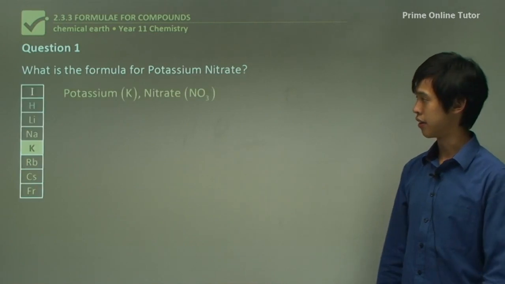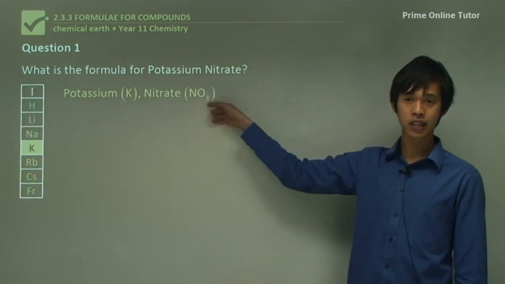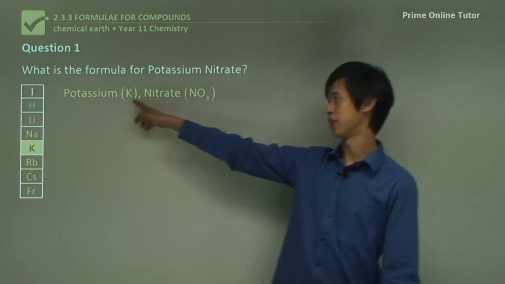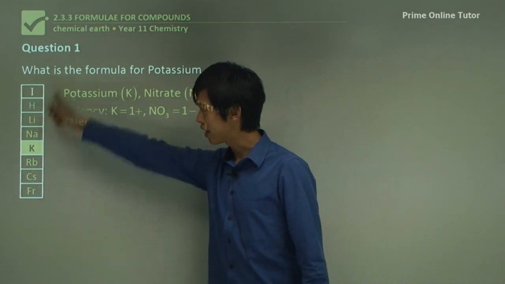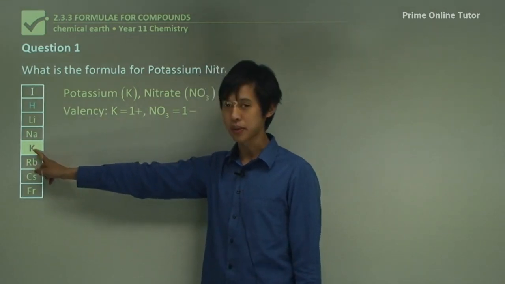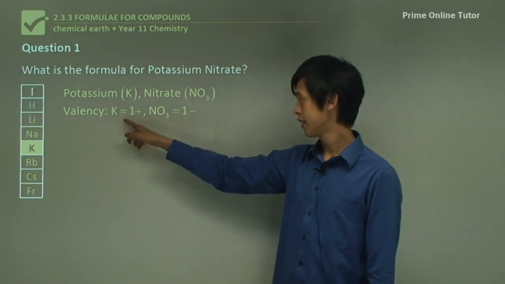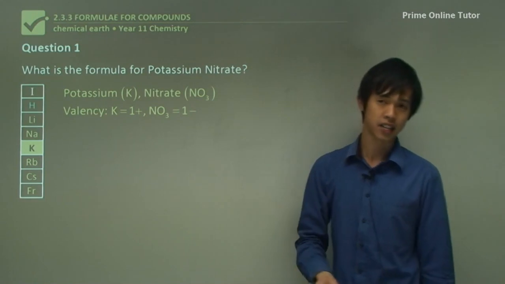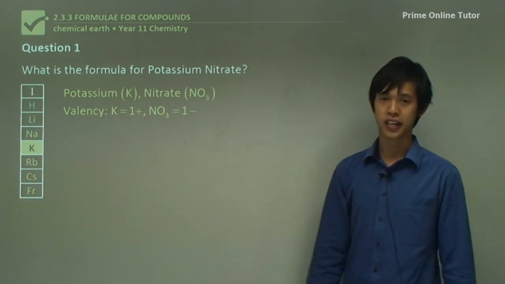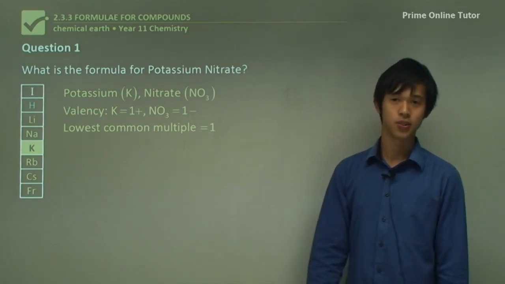Potassium is K, nitrate is NO3. This one you should remember, or you can look it up. Potassium happens to be in group 1, so it's got a 1+ valency. And if you remember, nitrate has a 1- valency. If you take the lowest common multiple, it's 1.